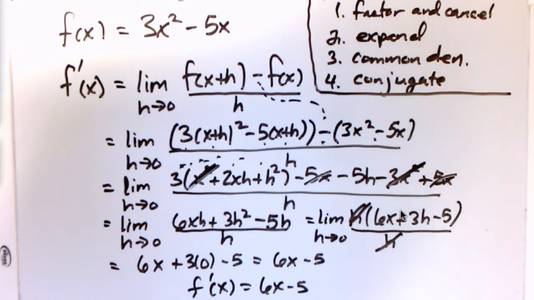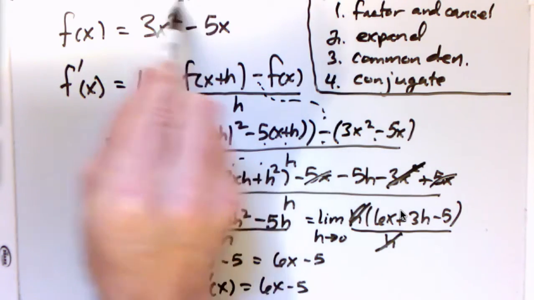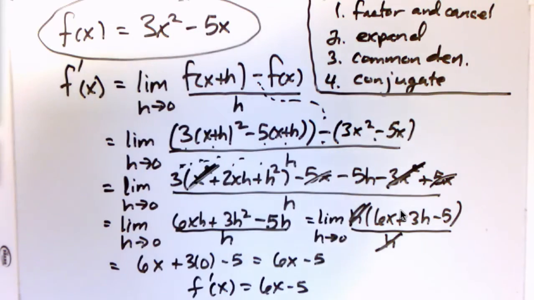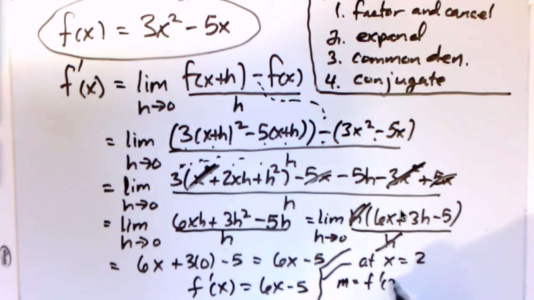So if I wanted to know the slope of the tangent line to the graph of f of x at a particular value of x, say at x equals 2, this is just a side calculation here, then the slope of that tangent line would be f prime at 2, or 6 times 2 minus 5.